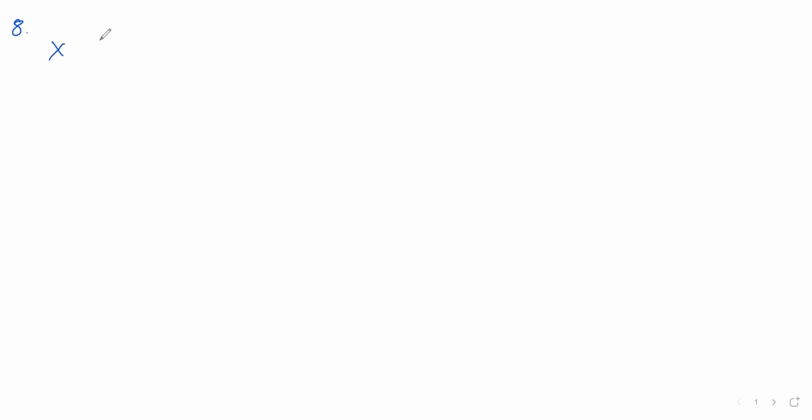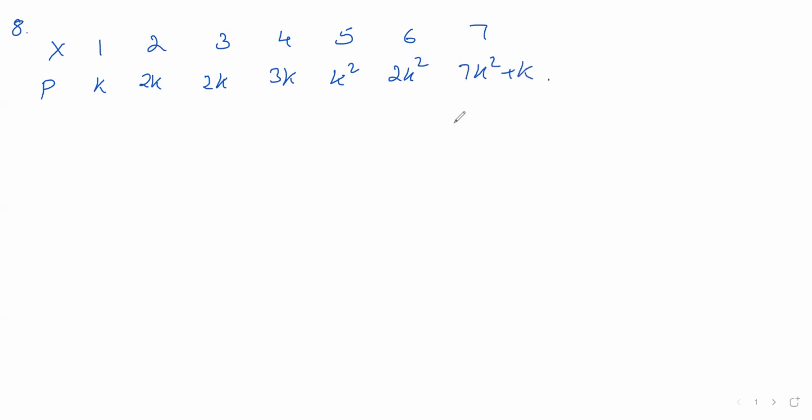X is 1, 2, 3, 4, 5, 6, 7, and probability is K, 2K, 2K, 3K, K square, 2K square, 7K square plus K.